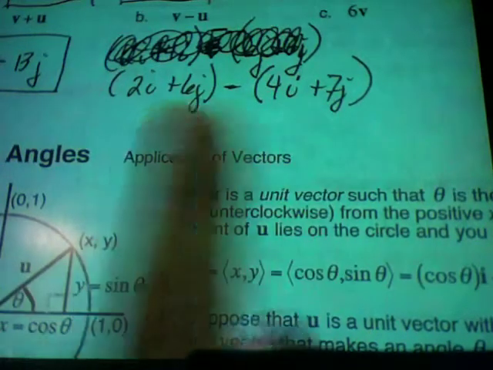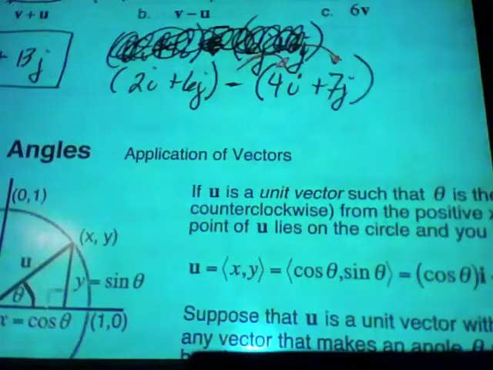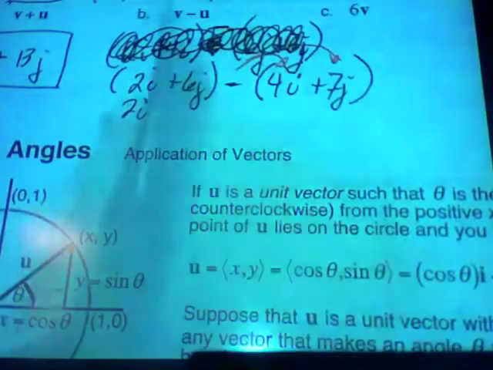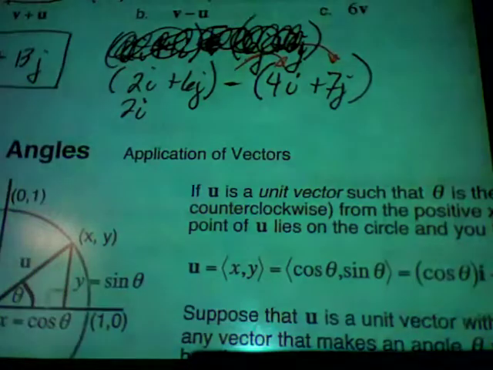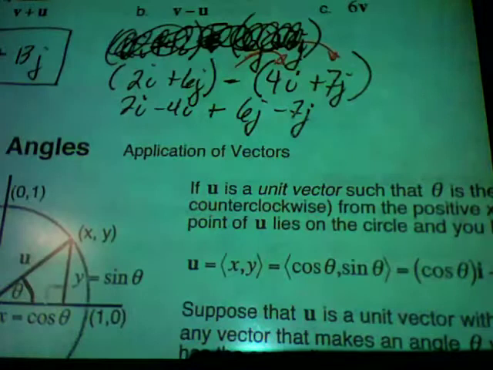All right, so then what do you have to do when you have a minus in front of parentheses? Yeah, you gotta distribute. So I really have 2i minus a 4i, right? And then I've got plus a 6j, but minus a 7j, because I distributed that negative.